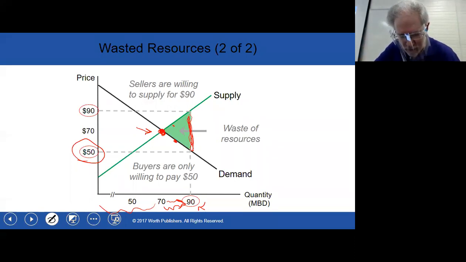And the green area would be the measure of the inefficiency that is created. So what do we see with these two graphs? With this one, we're seeing that if we produce more than the equilibrium outcome, then we have a waste of resources. If we produce less than the equilibrium outcome, then we have unexploited gains from trade. We don't want to be in either of those situations.